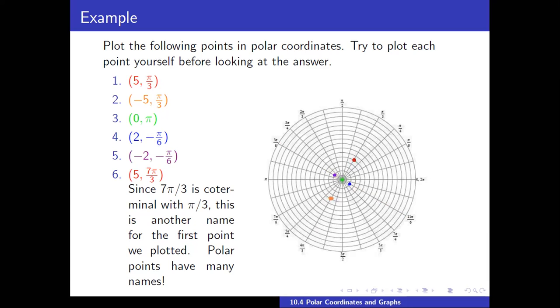Is it possible to make this graph 3D? Yes, there is something called cylindrical coordinates, which is a three-dimensional version of these. There's another thing called spherical coordinates, which is also a three-dimensional version, but they emphasize different things.